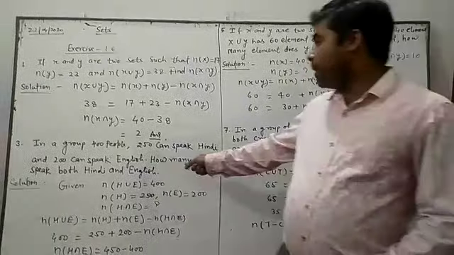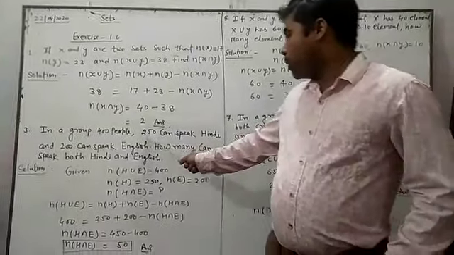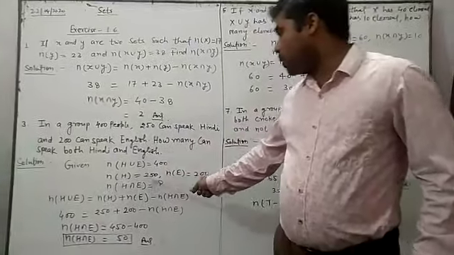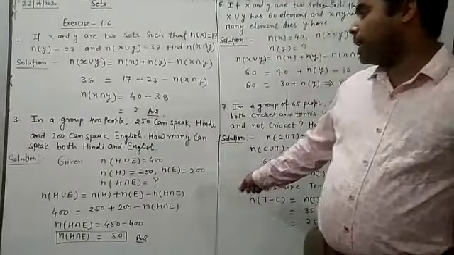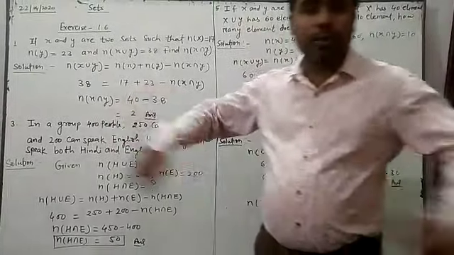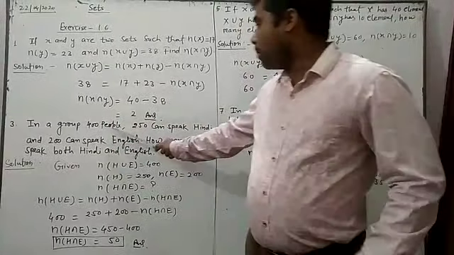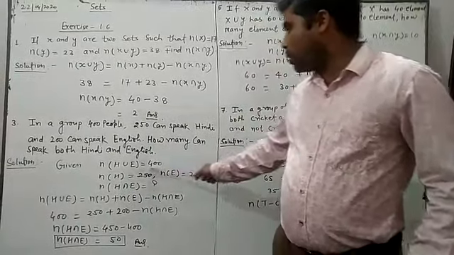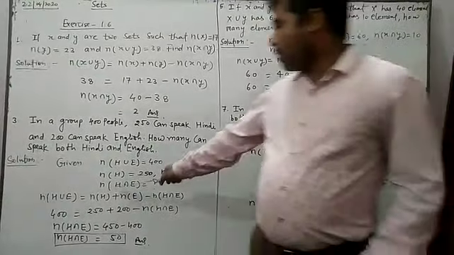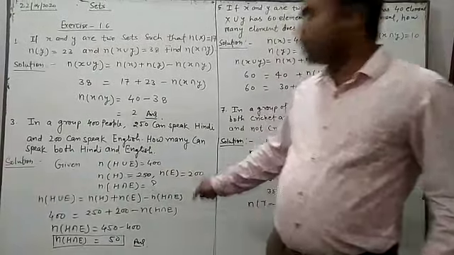The number of elements in Hindi is 250, so n(H) is equal to 250, and the number in English is 200. The group of 400 means total people, so n(H union E) is equal to 400. Now n(H intersection E) is equal to what?